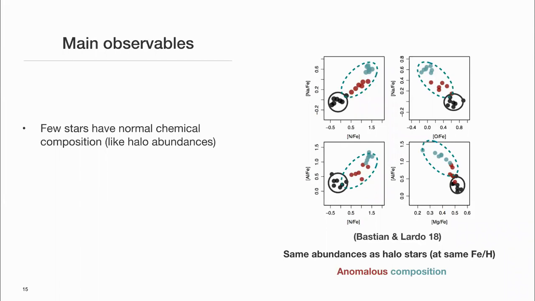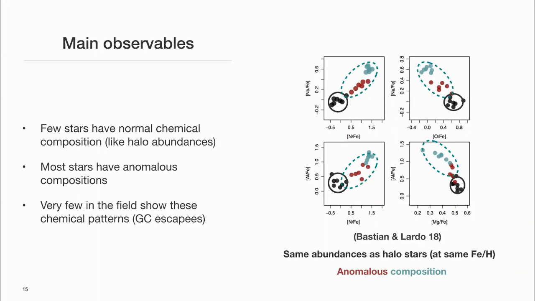They are enhanced and depleted in some elements. Again, very few stars in the field show these chemical patterns, and they are completely consistent with the numbers that we expect from stars that were lost by globular clusters during their evolution.